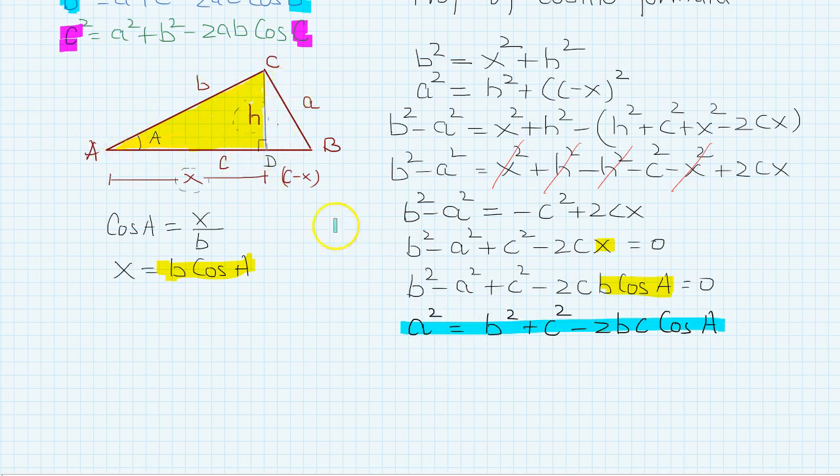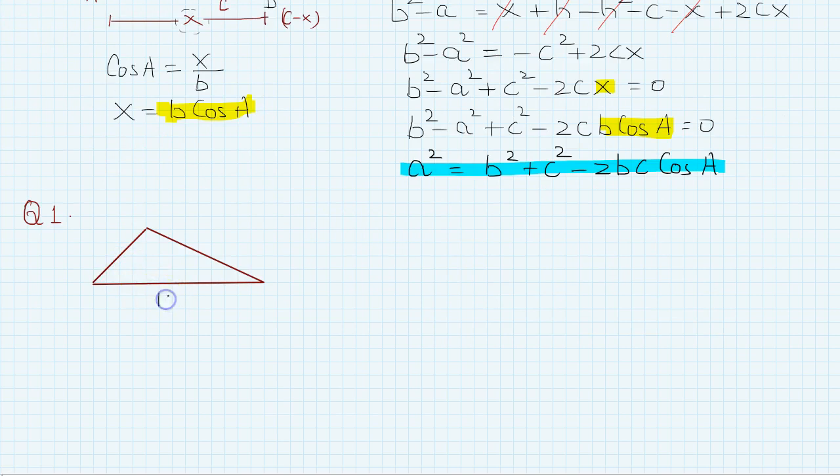Now let's take some example. This is a triangle whose sides are 10 centimeter, 4 centimeter and 8 centimeter. Find this angle A. Suppose this is A, this is B, this is C. Which formula are we going to use? Because we need this side, we start from here.